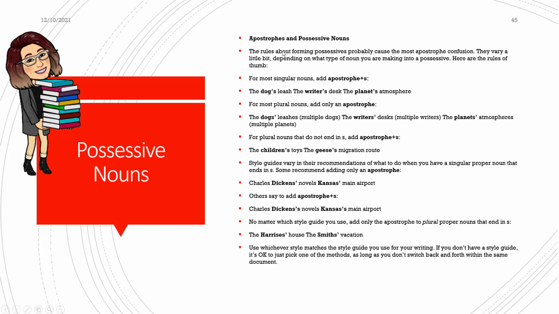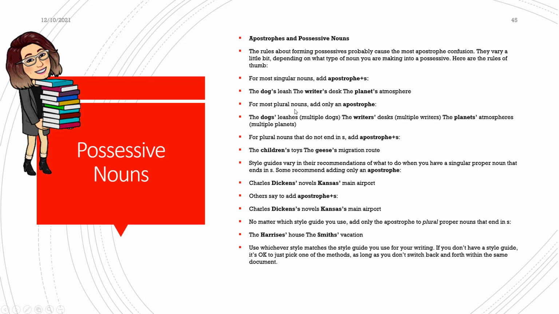So let's go over this. The rules about forming possessives probably cause the most apostrophe confusion. They vary a bit depending on what type of noun you are making into a possessive. Here are the rules of thumb. For most singular nouns, add apostrophe S: the dog's leash, the writer's desk, the planet's atmosphere.